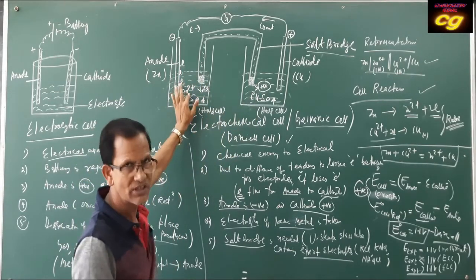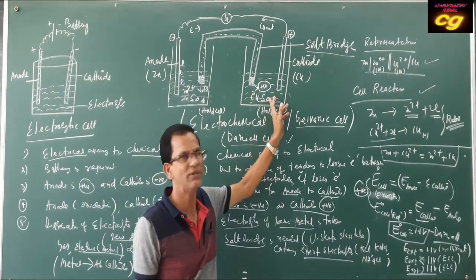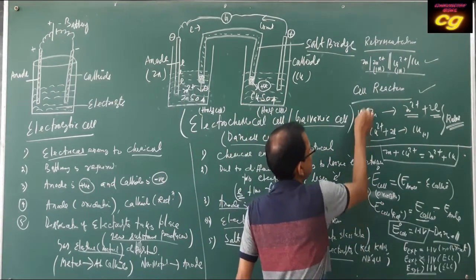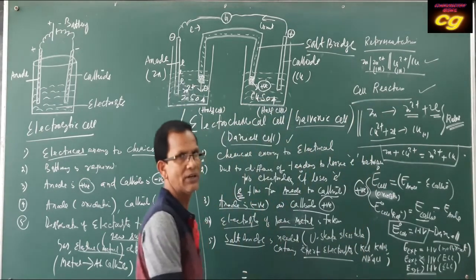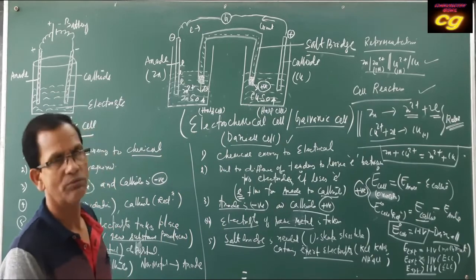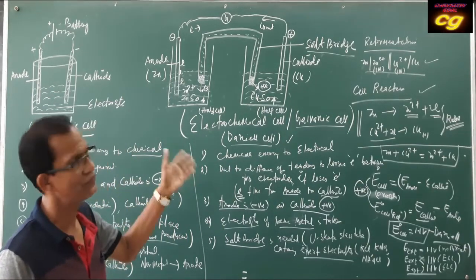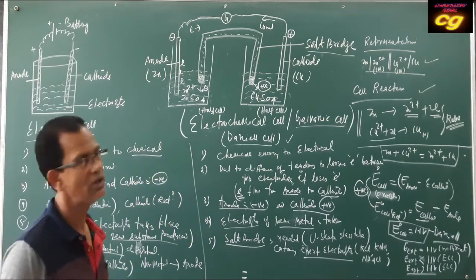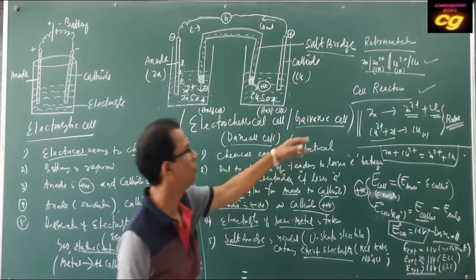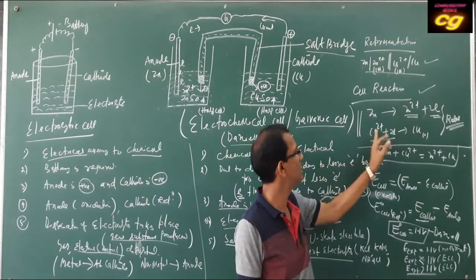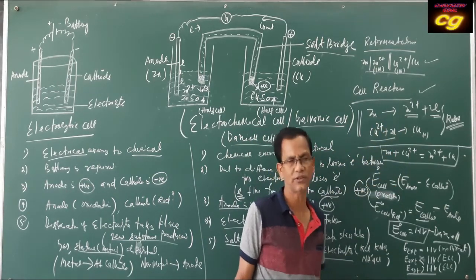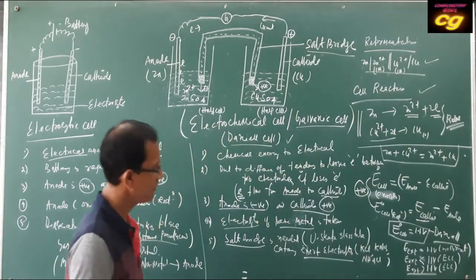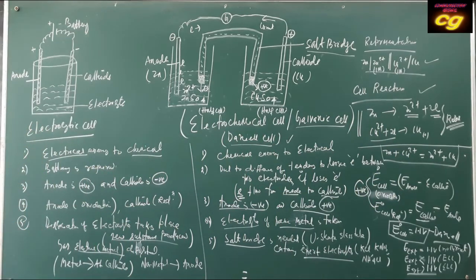Anode always loses electrons and cathode always accepts electrons. This is the characteristic of a galvanic cell. In the anode, oxidation takes place. In the cathode, reduction takes place. This is about the two types of cell, electrolytic cell and electrochemical cell. Thank you all.